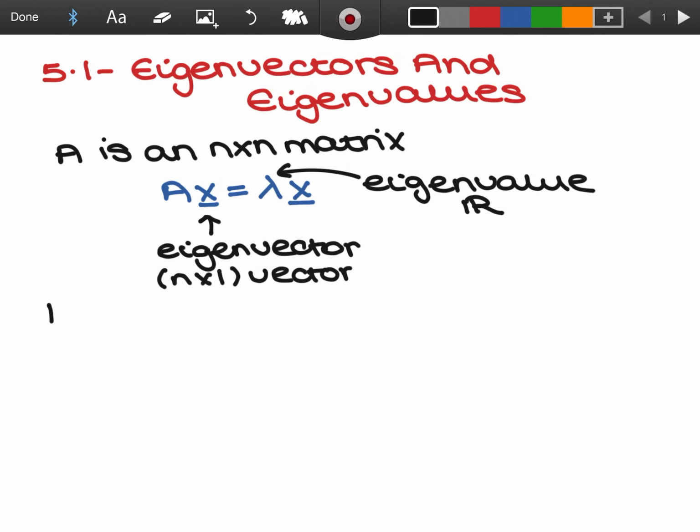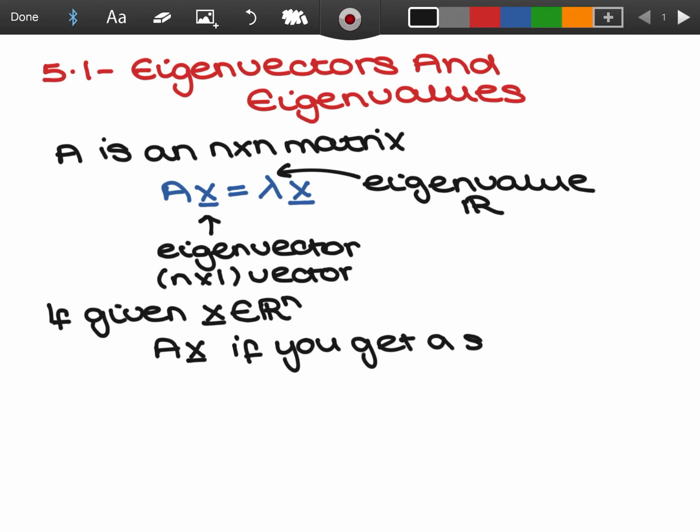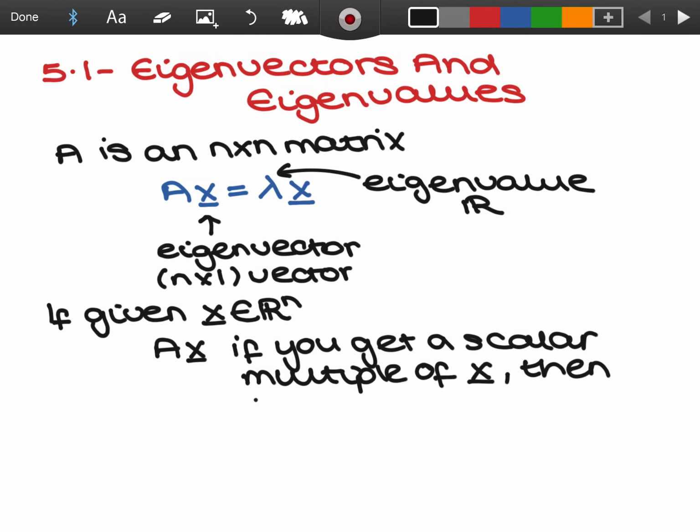So if we want to see if X is an eigenvector of A, if you're given a vector X that's in Rn, to check that it is an eigenvector of A, all you have to do is do A times X. And if you get back some multiple of that vector X, then you know that it is an eigenvector of A. So if you do A times X, if this is a multiple of X, then you know it's an eigenvector.